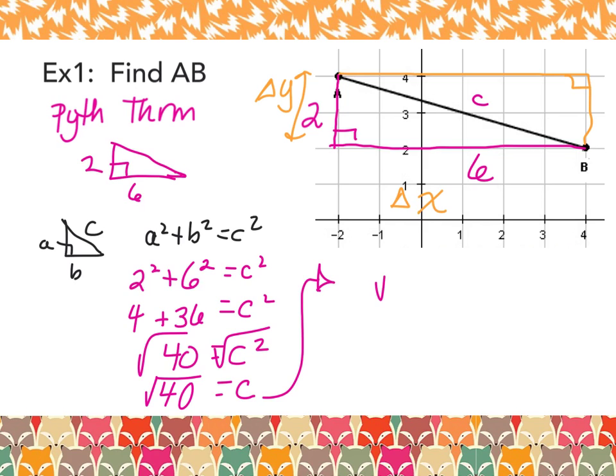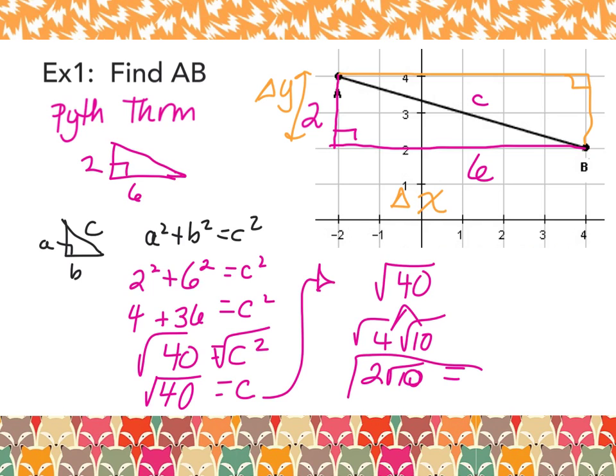The square root of 40 is the same as, I could break this down into 4 and 10. I know I can take the square root of 4 but not 10, so I could call this 2 root 10 is the value for C. So the length C is 2 root 10.